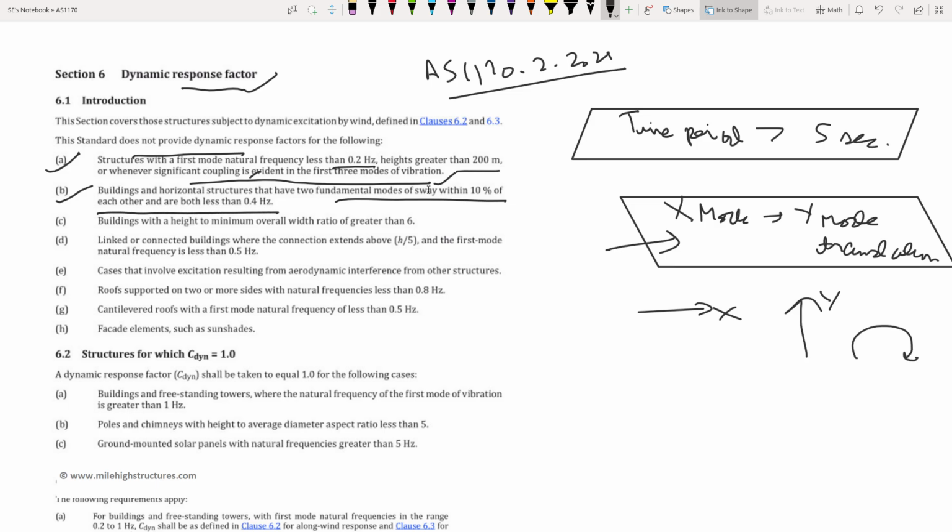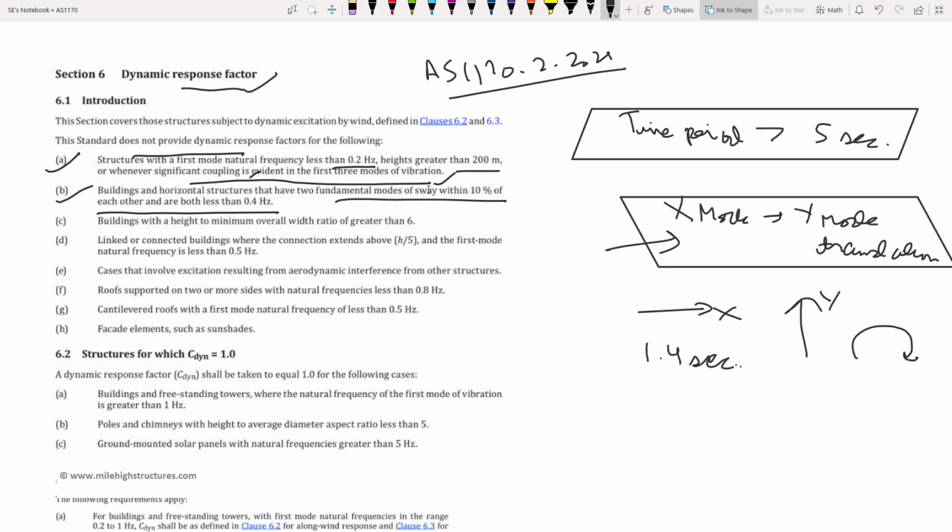When we are talking about buildings that have two fundamental modes of sway within 10%, let us say when the building is translating in the x, the time period that we are getting is approximately 1.4 seconds.